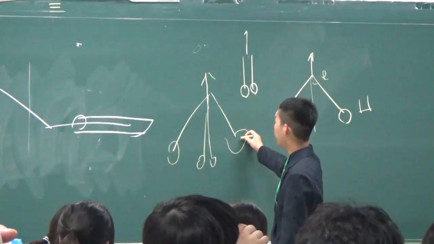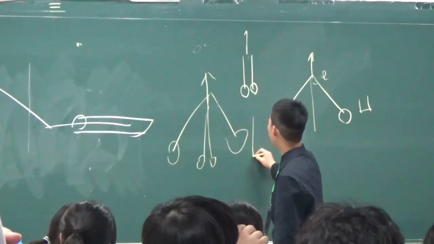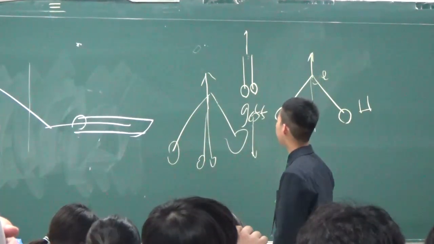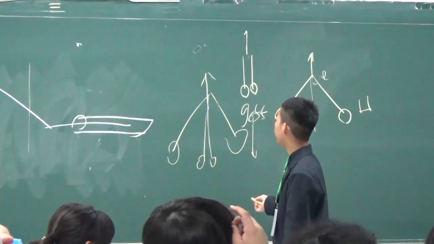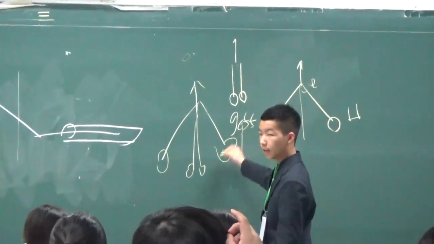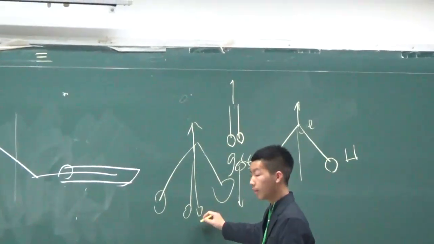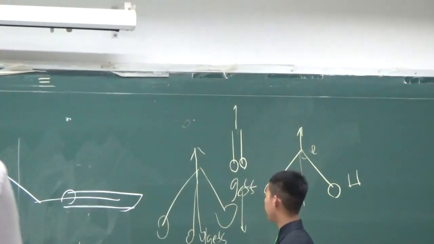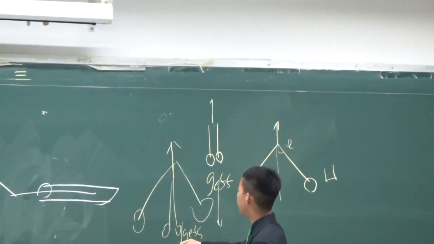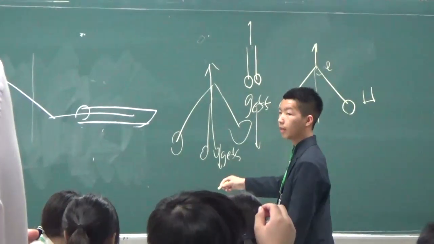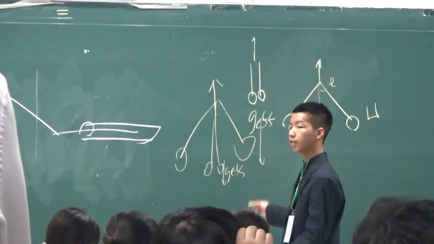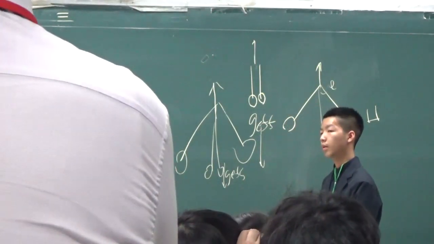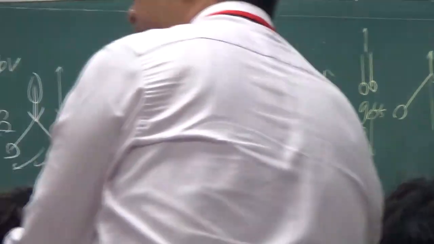Because when the ball is at this position, the effective acceleration will be very big to take the ball down. And when the ball is at the bottom, the gravitational effective acceleration will be very small, so it could make the ball go up. And after those collisions, it will start to have an increasing amplitude. Okay, thank you. Any more questions?